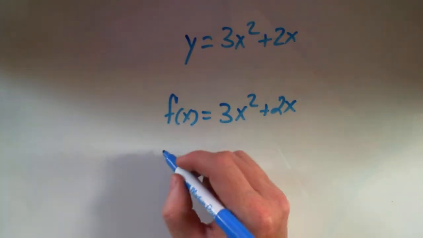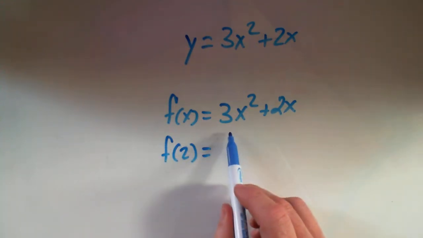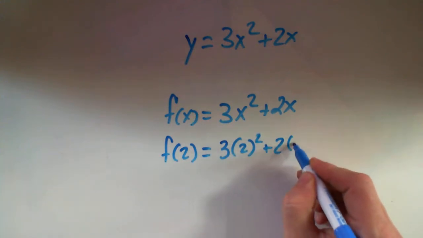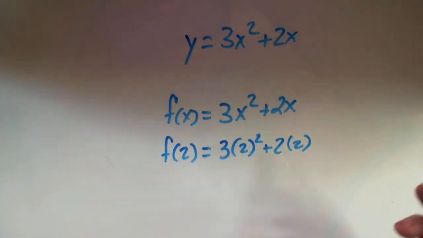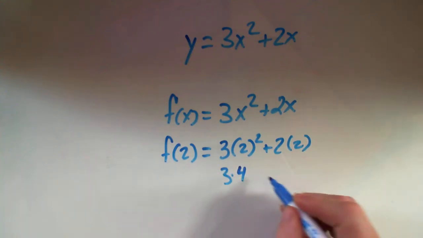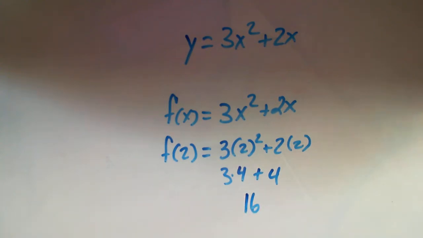By using function notation, I can plug anything I want in for x without adding a whole lot of explanation. In other words, if I put in f of 2, then that would be 3 times 2 squared plus 2 times 2. And then I just calculate that out. 2 squared is 4, times 3 is 12, plus 2 times 2 is 4. So that gives us 16.